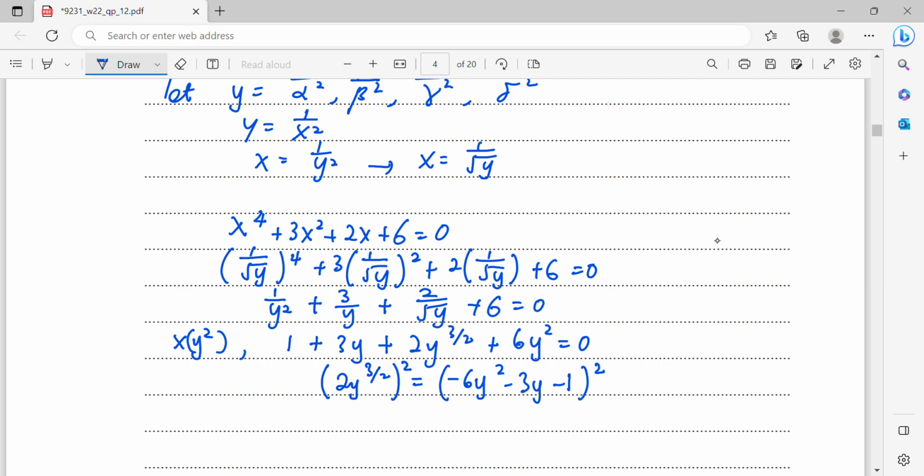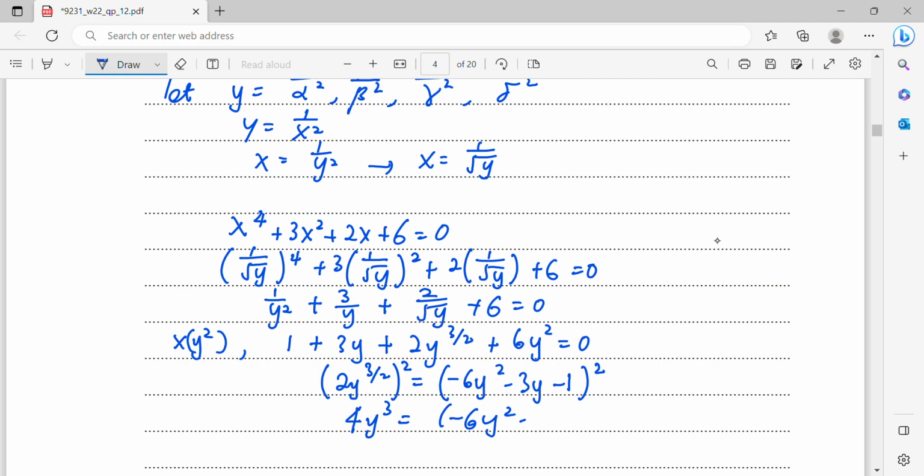So when we square both sides, 2 squared will be 4. Y to the power of 3 over 2 and then squared, the square and half will be cancelled off, becomes y degree 3. For the right side, since you need to square 3 terms, you can expand one by one.